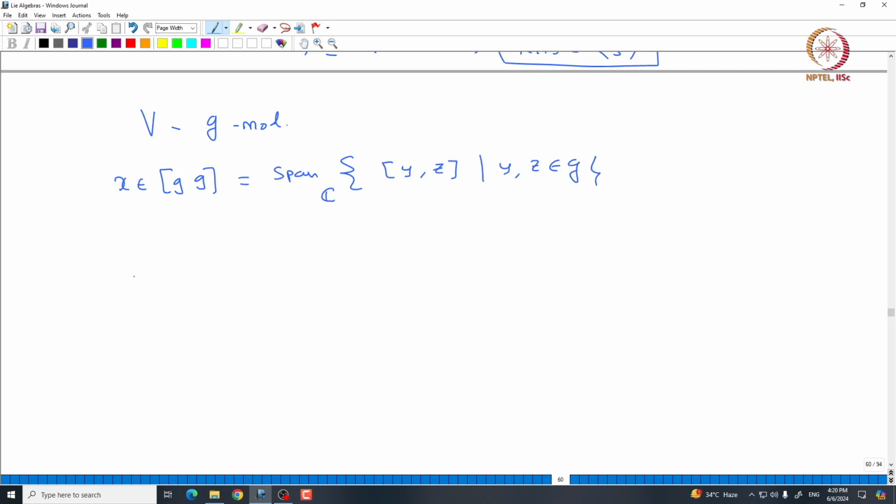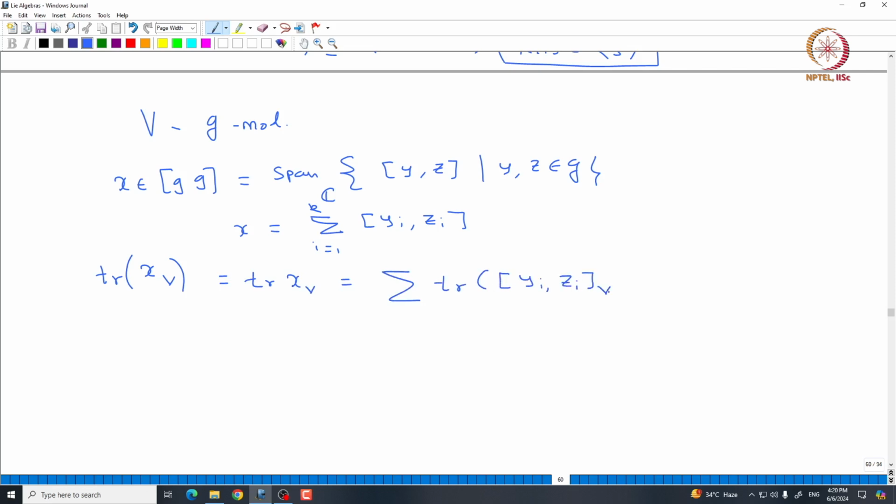Now, what we want to understand is the trace of X_V. X will be a finite sum of these elements, with i ranging from 1 to k. Then the trace of X_V is going to be the trace of these elements, i ranging from 1 to k.